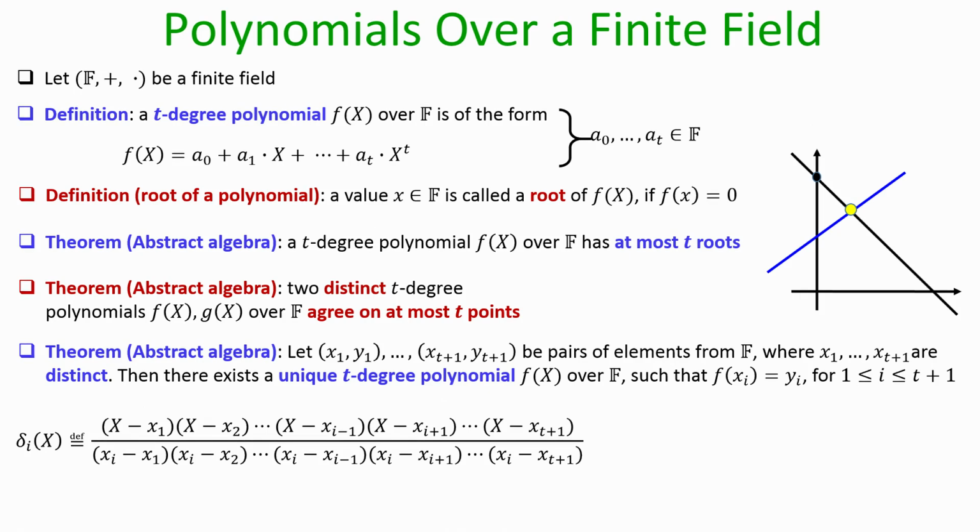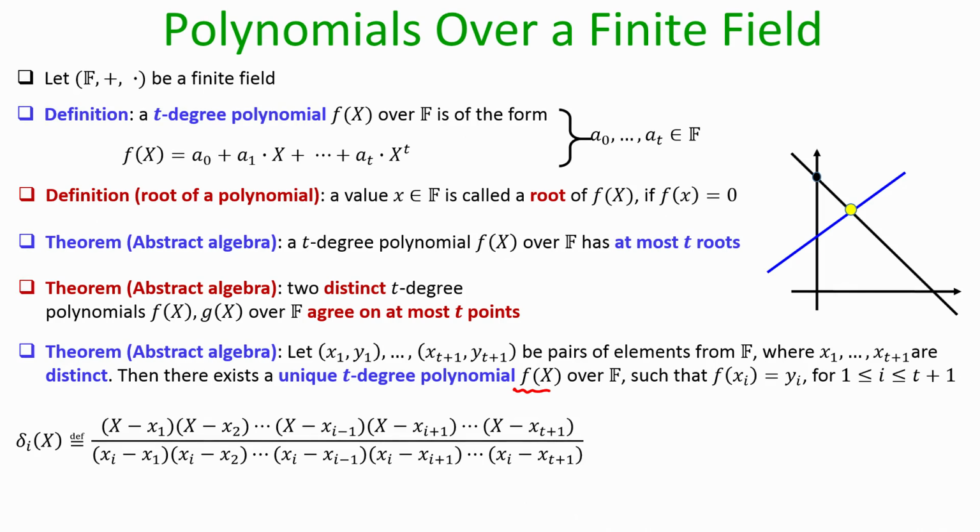And to see how exactly we can compute this polynomial f of x satisfying these t plus 1 x comma y values, let me define an ith polynomial as follows. This is the delta_i of x polynomial, its degree is t, because in the numerator I have t terms of the form variable x minus some x_j.